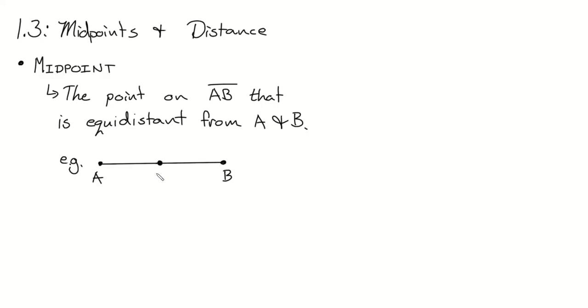By default, I typically call the midpoint M. Cool, that's M. Does it look like a midpoint? If M is the midpoint, it means that AM and MB have the same distance, right? Or alternatively, you could say that the segments AM and MB are congruent. Cool. This all means the same thing.